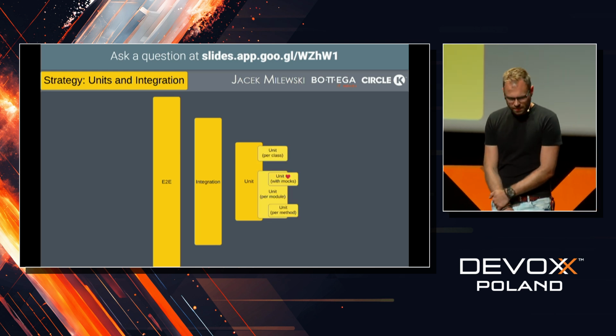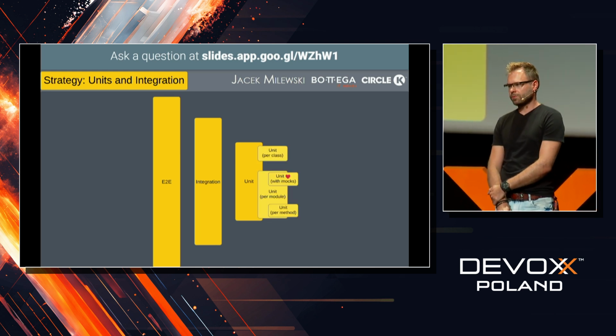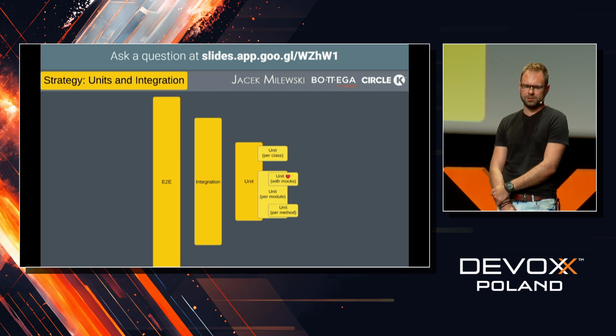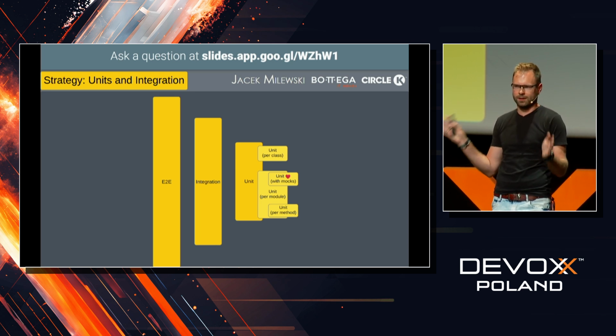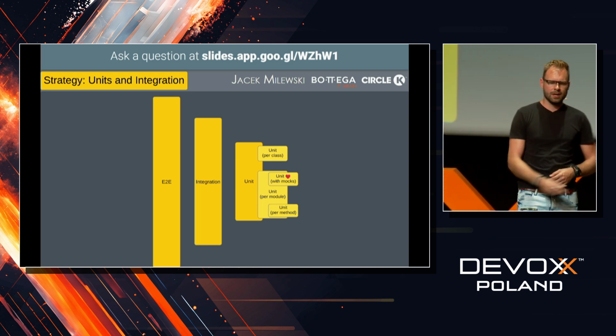So we have a lot of definitions of unit, and if you are going to define integration tests with such a vague definition of unit, we are unable to define integration. We are able to define end-to-end because it's everything. So we're testing the whole scope. We are not isolating anything. Maybe external vendors, but who cares?